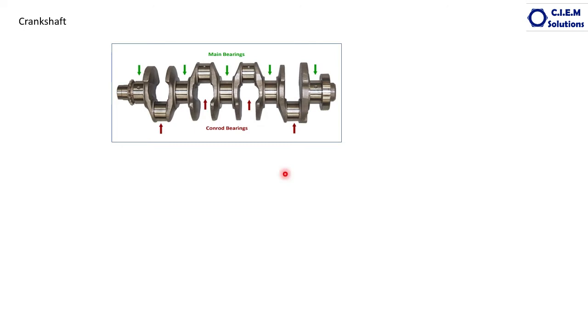Considering all these toughest conditions like continuous vibrations, impulse loads, torsional loads, etc., the crankshaft is made with special medium carbon steel of around 0.3% carbon.